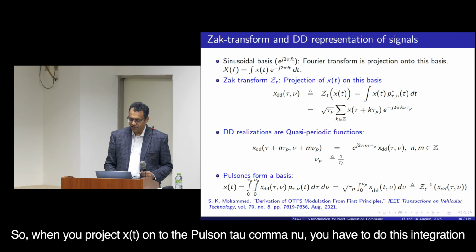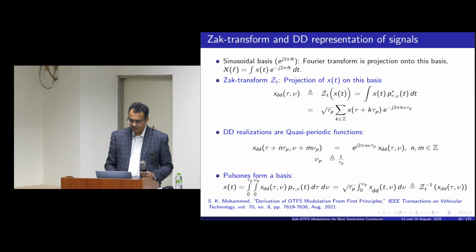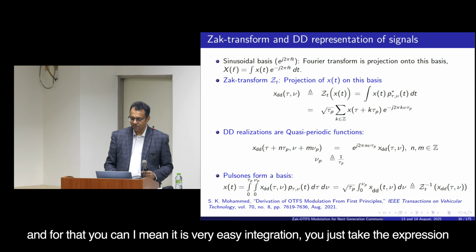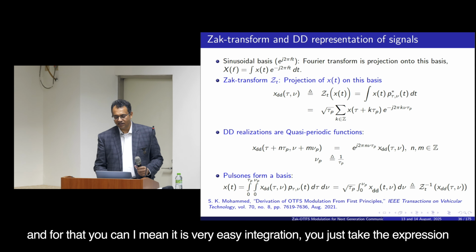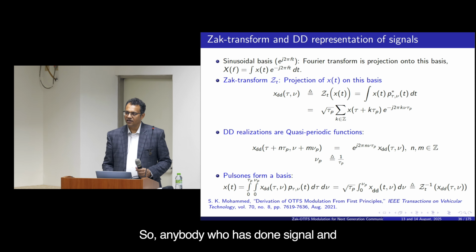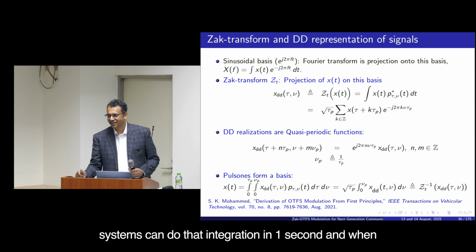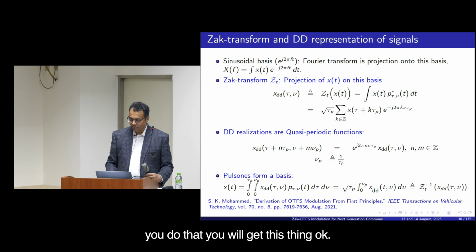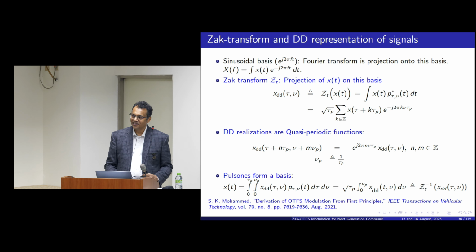When you project x(t) onto the pulson tau comma nu, you have to do this integration, and it is very easy: you just take the expression of p tau nu from the previous slide and you just put it here. Anybody who has done signals and systems can do that integration in 1 second, okay. And when you do that, you will get this thing, okay.